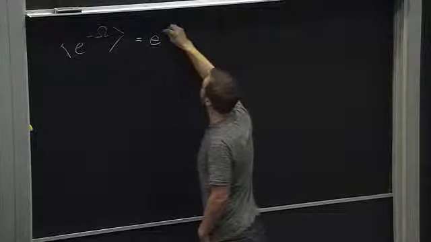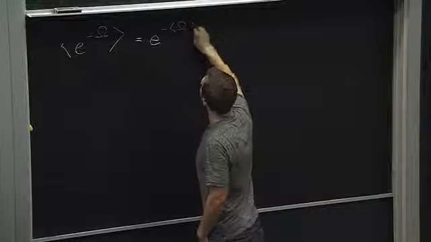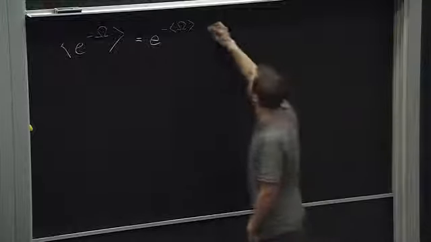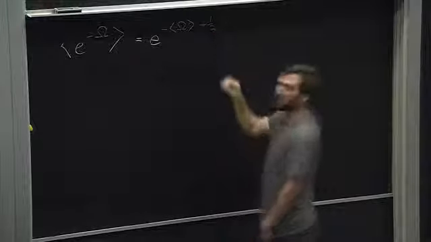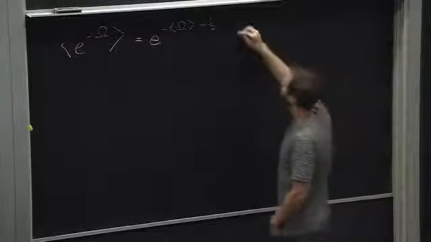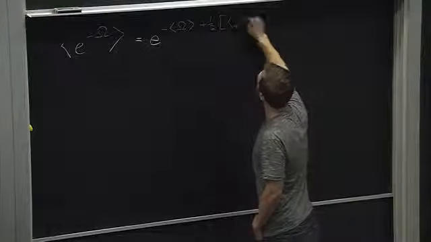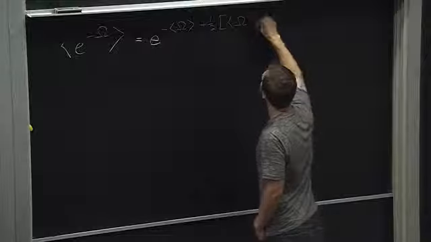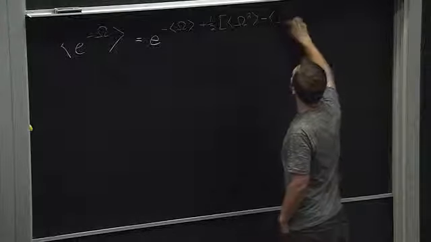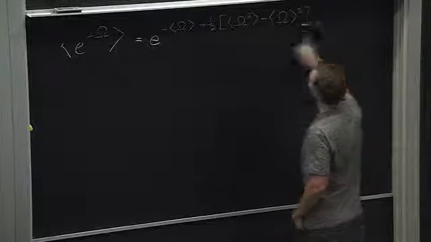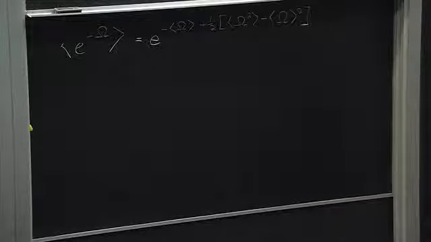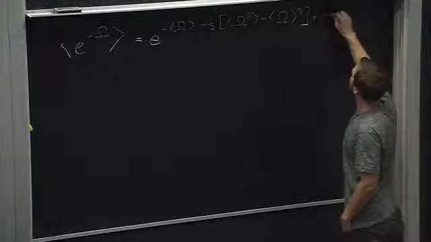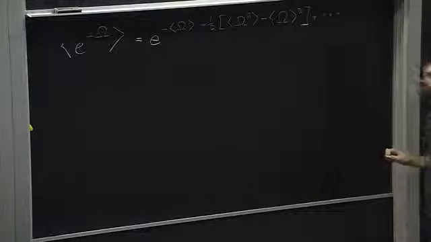And this can be written as an exponentiated series of cumulants to different powers. It's going to be the expectation of omega, squared, minus the expectation of omega squared. That's the second power. And you have higher order ones, which we're not even going to talk about.